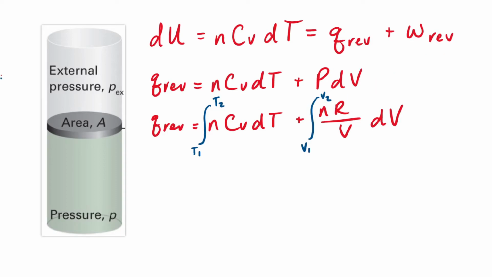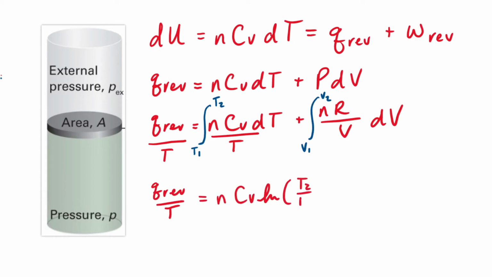The easiest fix for this, and the one that we're going to choose, is to divide every term by temperature. That way, we get the reversible heat over temperature is equal to nCv over temperature dT plus nR over V dV. That gives us two differential terms, one in terms of only temperature, one in terms of only volume.